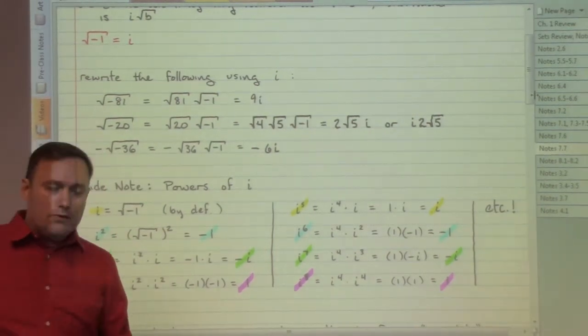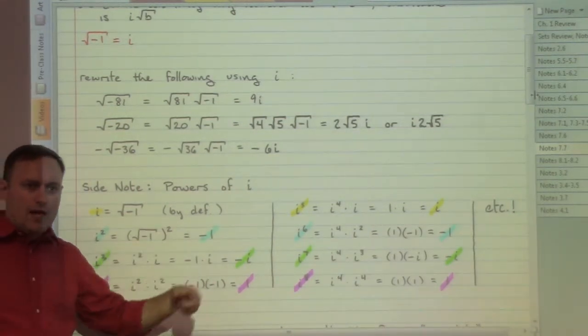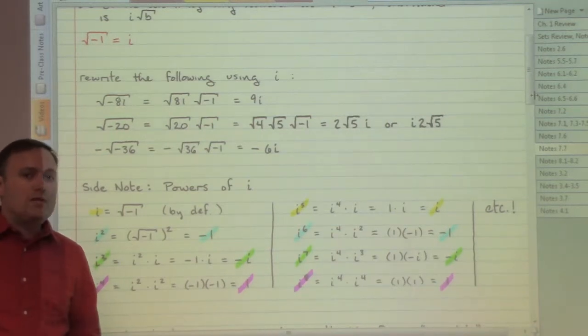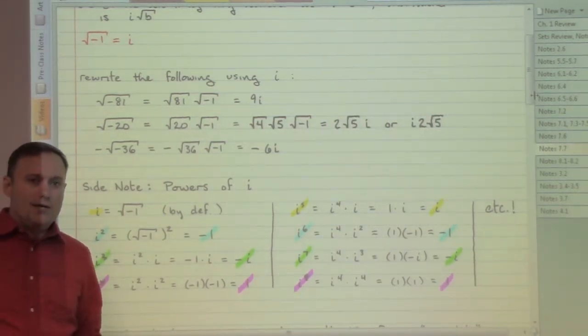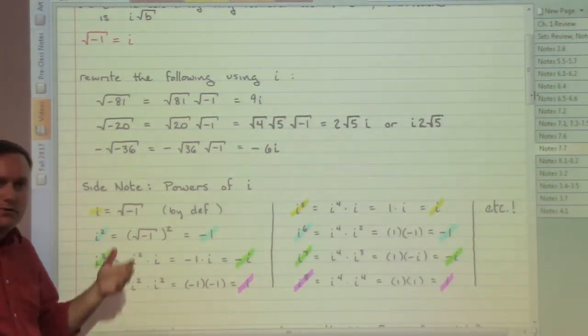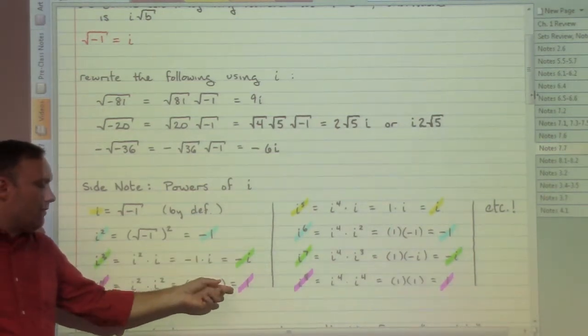Very curious sort of thing. And while you might or might not have a homework problem that uses this kind of cyclic behavior, it's at least worth noting because we've never seen that with any other number that we've ever come across to date. This bad boy just sits there and recycles. I, -1, -I, 1.